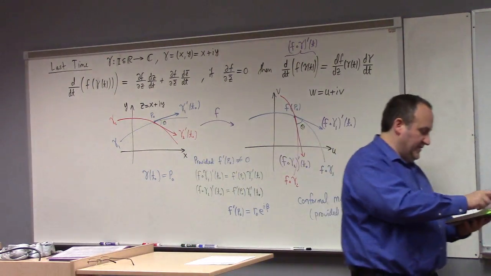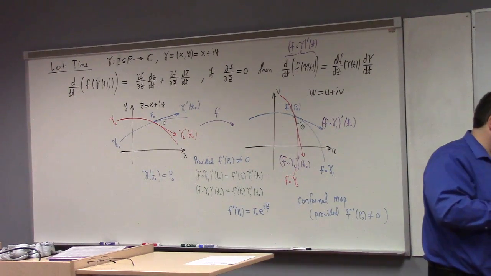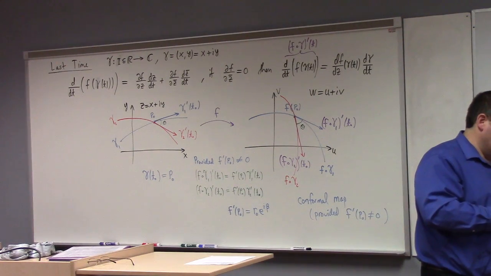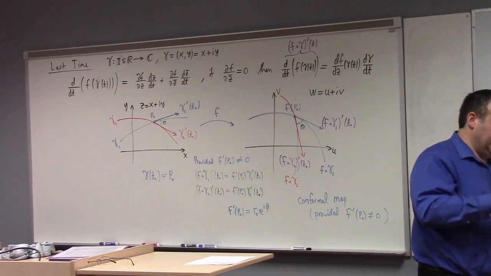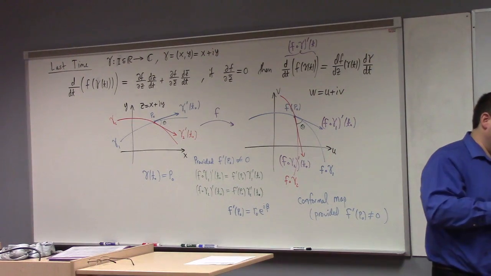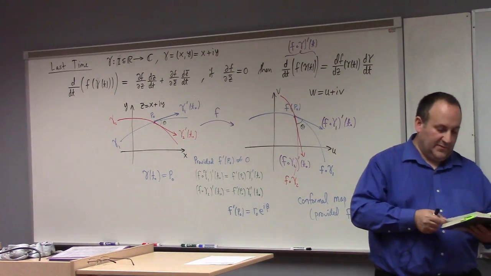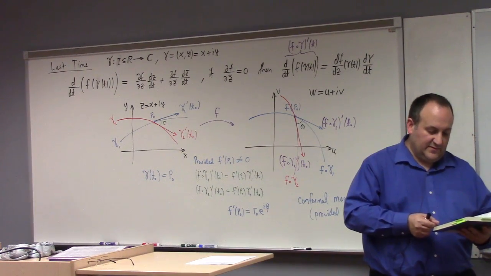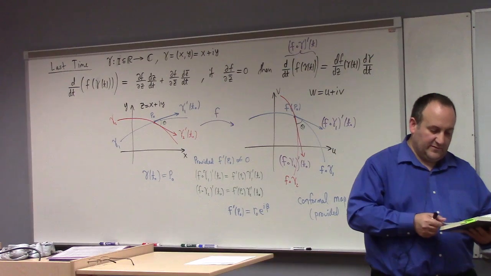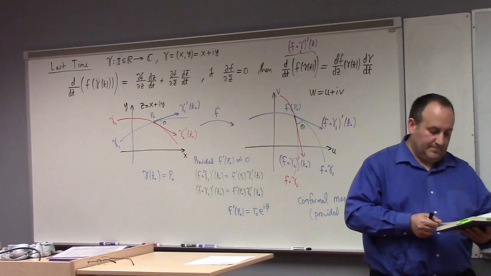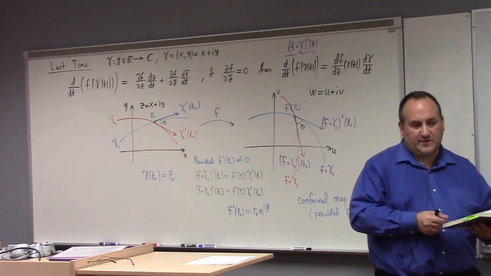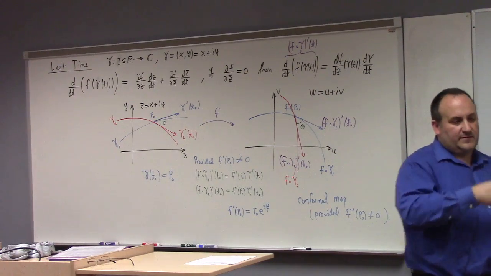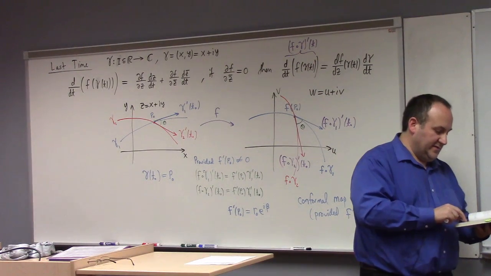Let's see here. So 3.2, we have exponential, trigonometric, and hyperbolic functions. He defines the complex exponential. We've already done that. Theorem 3, e to the z equals 1 if and only if z is equal to 2 pi k i, where k is an integer. We've done that already. Two complex exponentials are equal if and only if their inputs differ by an integer multiple of 2 pi i.